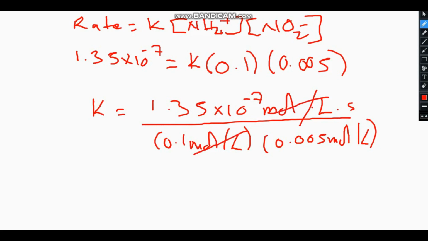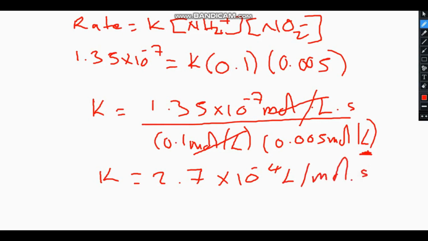The answer will have liter, mole, and second. If you divide these values, K will give you 2.7 times 10 to the power negative 4. The liter here will now become the numerator, so the units are liters per mole second.